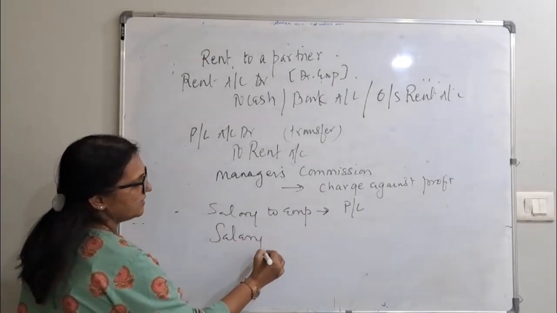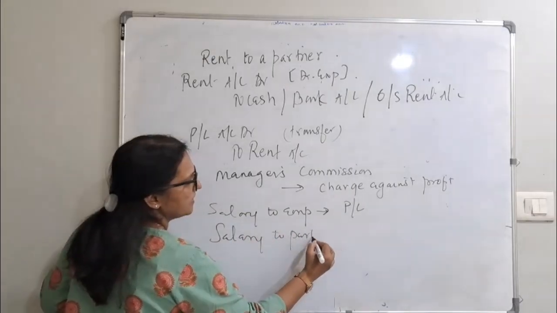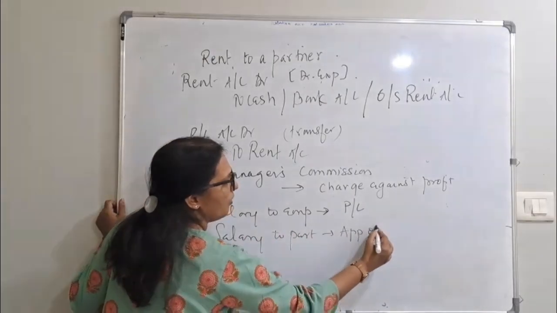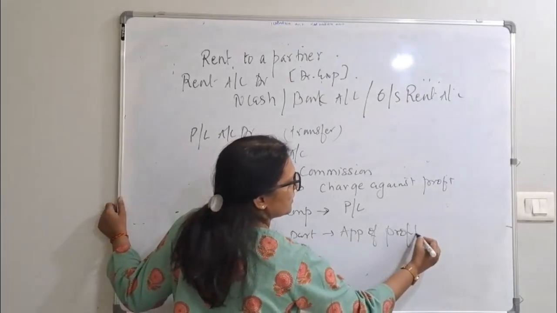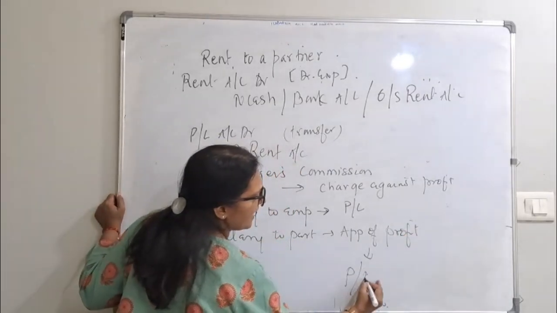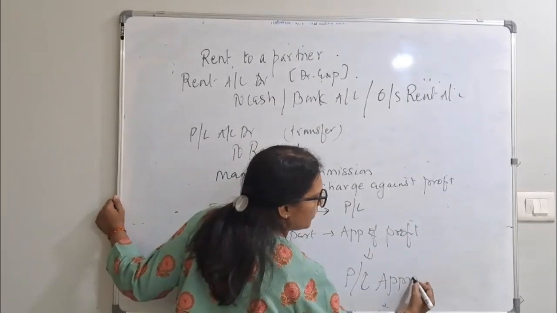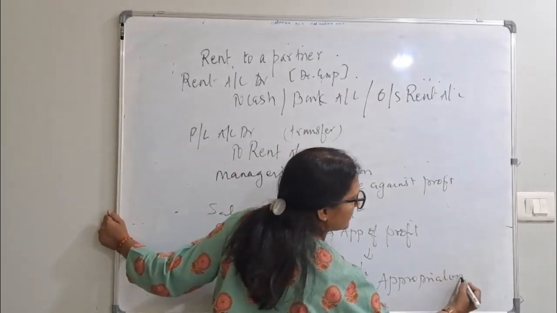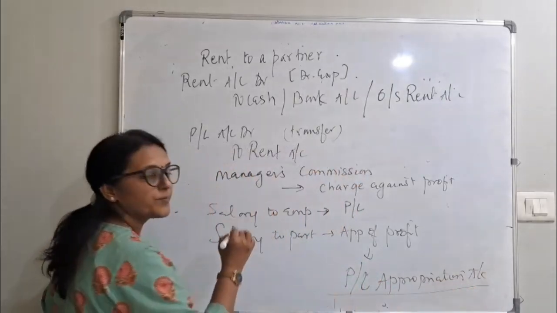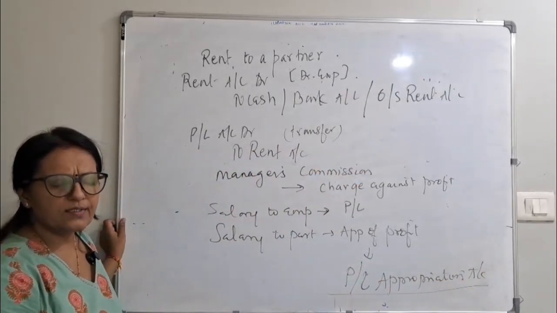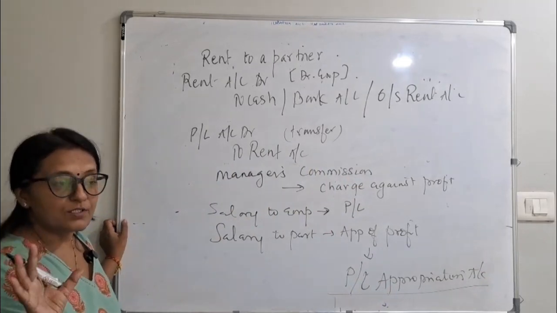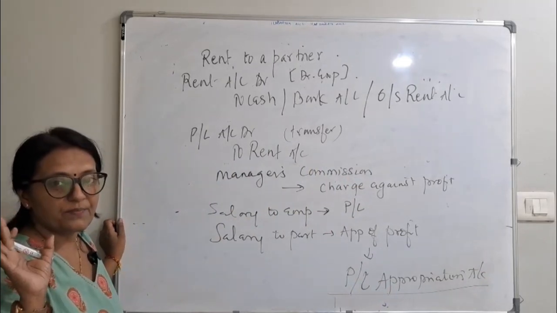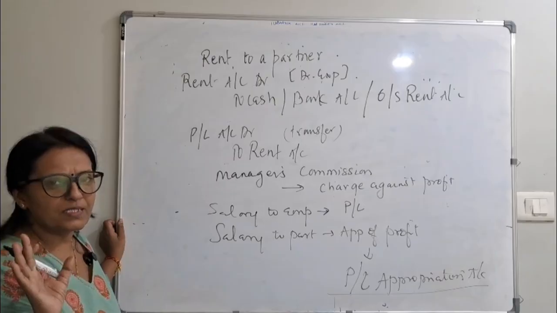But salary to partner is an appropriation of profit which will go to profit and loss appropriation account. This is what we are going to do now. Profit and loss appropriation, the most important ledger account in this chapter. Very important topic. Don't miss this.